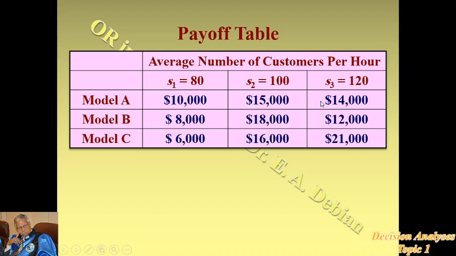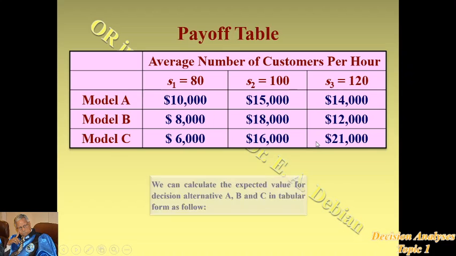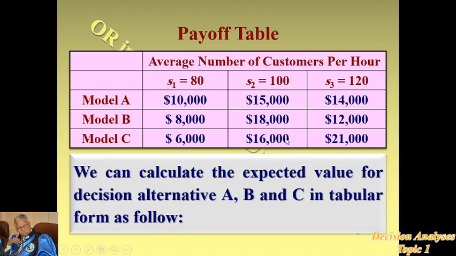It will yield $14,000 if the state of nature is 120 customers per hour. Model B will yield $8,000, $18,000, $12,000. Model C yields $6,000, $16,000, $20,000. We can calculate the expected value of the decision alternatives A, B, and C in tabular form as follows.